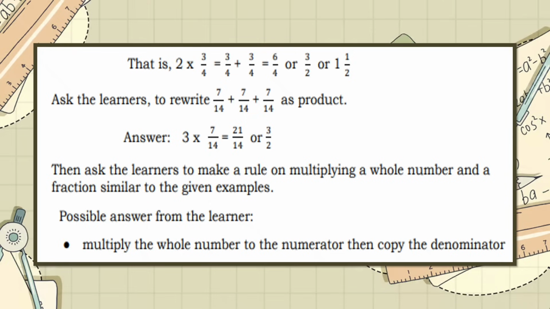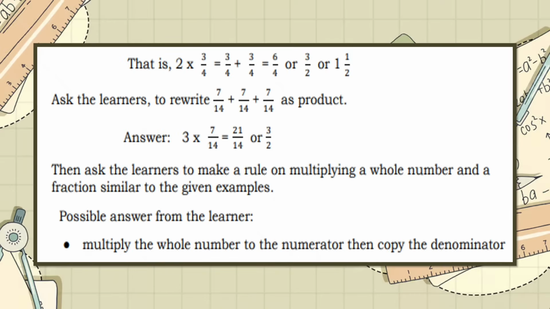Now this time, can you rewrite 7 over 14 plus 7 over 14 plus 7 over 14 as a product? So the answer would be 3 times 7 over 14. So it is equal to 21 over 14, or 3 over 2, or 1 and 1/2.